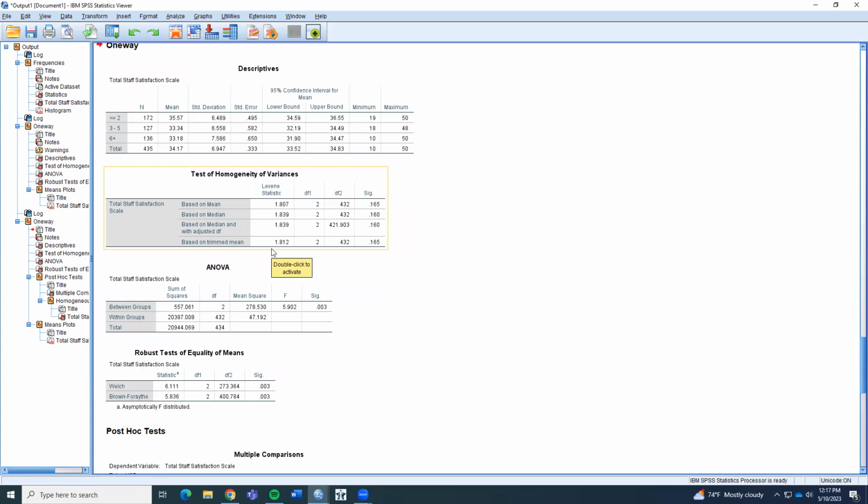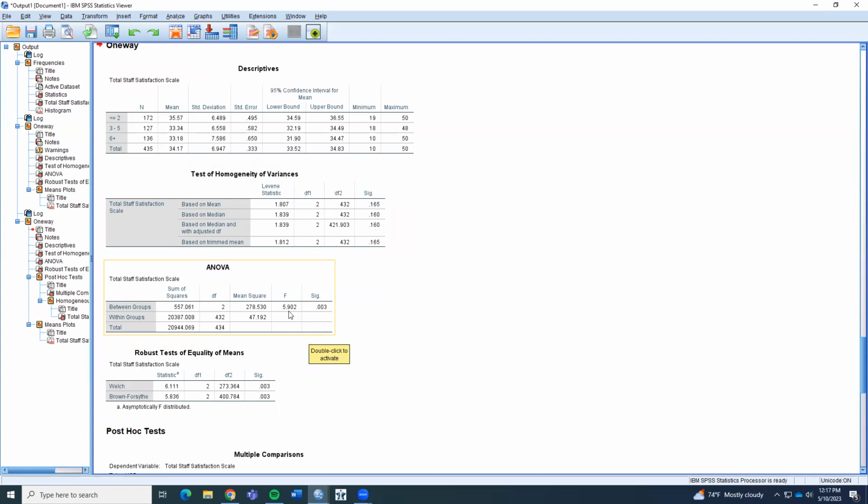All right, so now checking the interpretations. We have 3 questions that we need to deal with. Question number 1 is, was the null hypothesis rejected? And so we're going to look at the ANOVA chart right here, and we can see that F is 5.902.